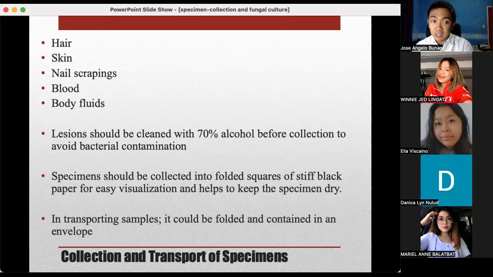You could use filtration, or subject that to India ink preparation and also culture inoculation. So those are some methods with regards to specimens that we handle in the mycology laboratory.